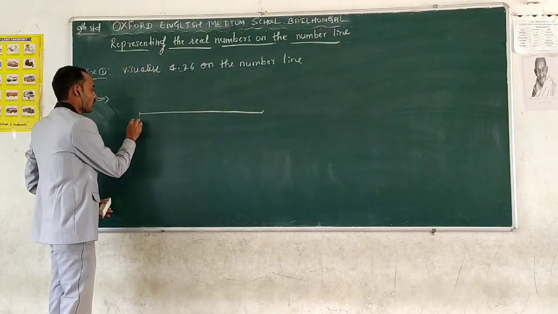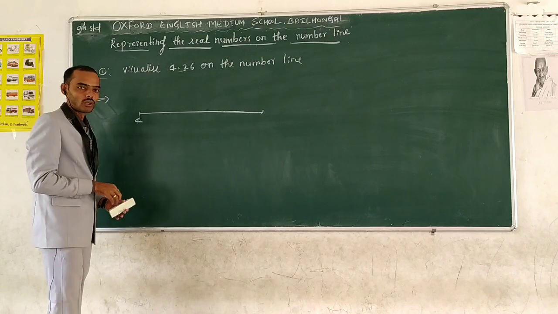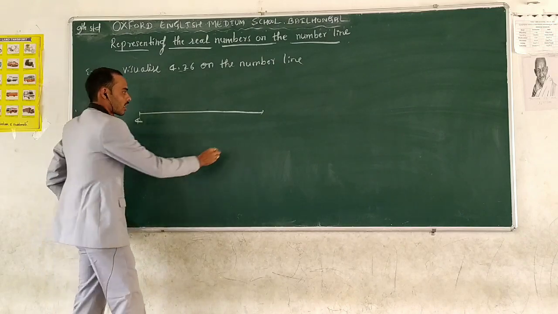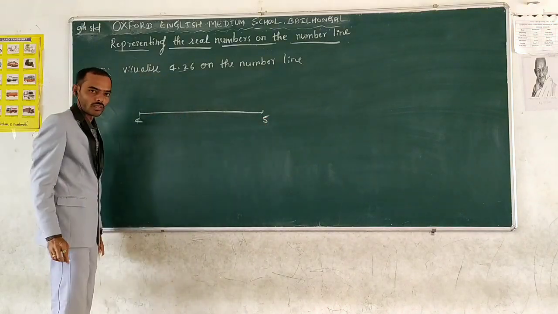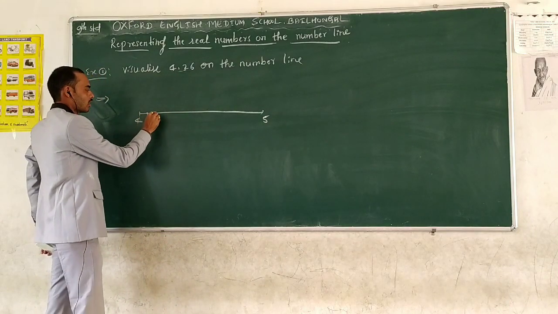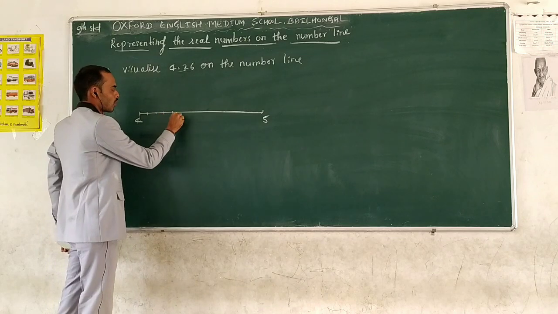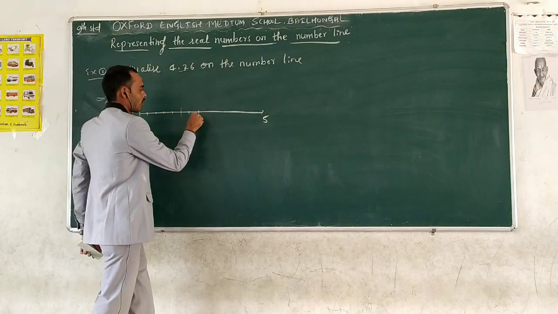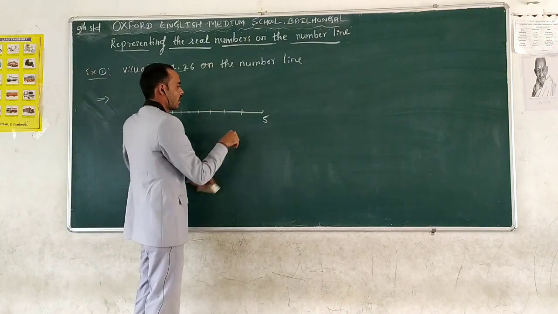So, you have to start from 4, and go up to 5. In the middle, totally 10 marks are there: 1, 2, 3, 4, 5, 6, 7, 8, 9, 10.